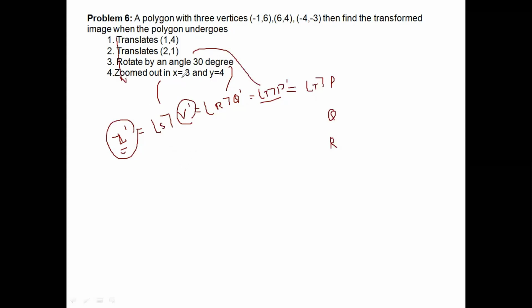Again, mathematically you have to apply these transformations on this point and on this point as well. So it becomes a complex calculation when there are successive transformations one after another.